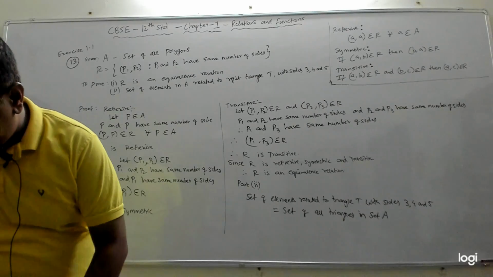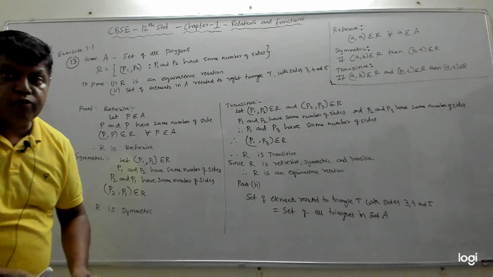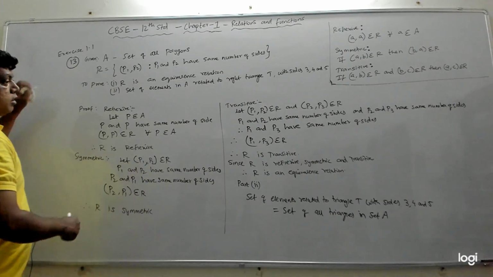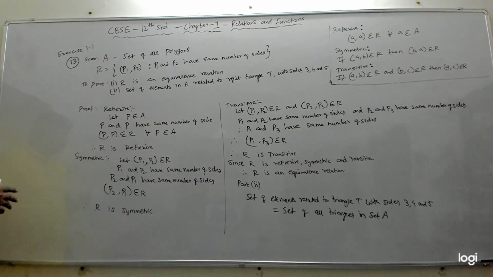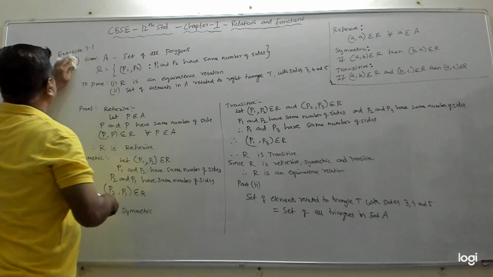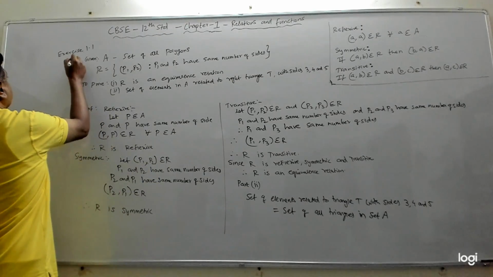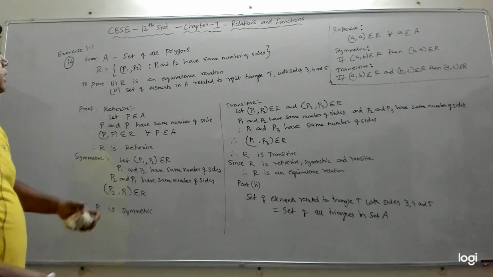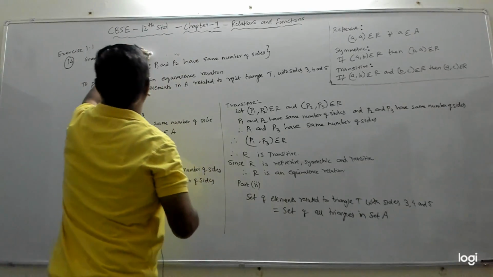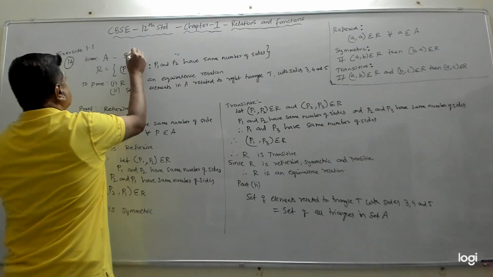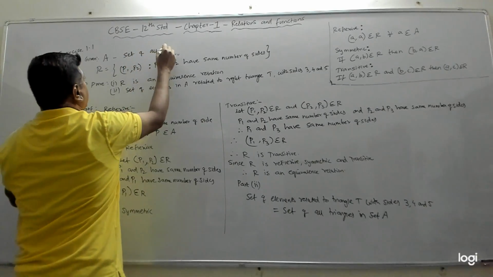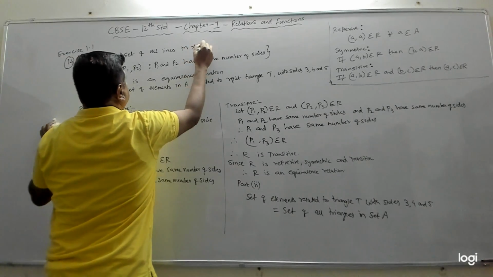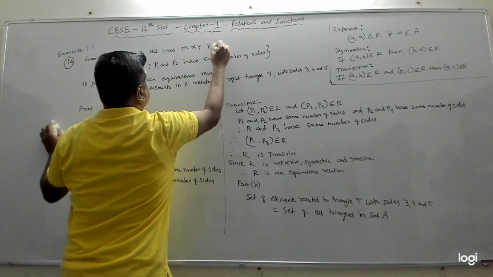Now let's go to the 14th problem. So all of you pause the video and take the notes. Now I am going to do the 14th problem. What is given: A is the set of all lines in the xy plane, which means all the different lines that we have.